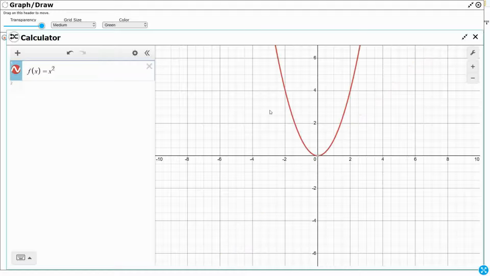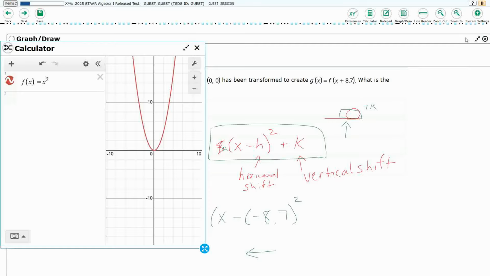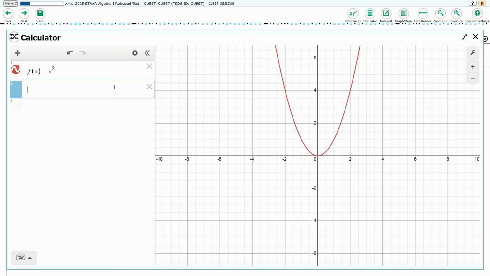We're used to that. Now, what did they say our new thing was? It was going to be g of x equals f of x plus 8.7.